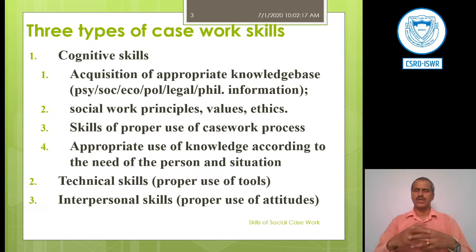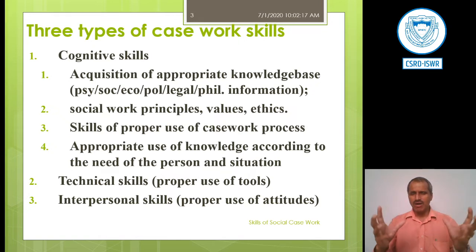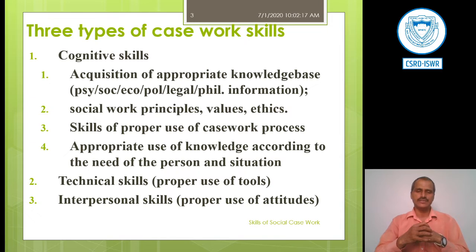Thirdly, the social caseworker should have the skills of appropriate use of the casework process. Process का knowledge. Process मतलब प्रक्रिया. Diagnosis, treatment, follow-up, termination. So these process-related skills are required for the social caseworker.